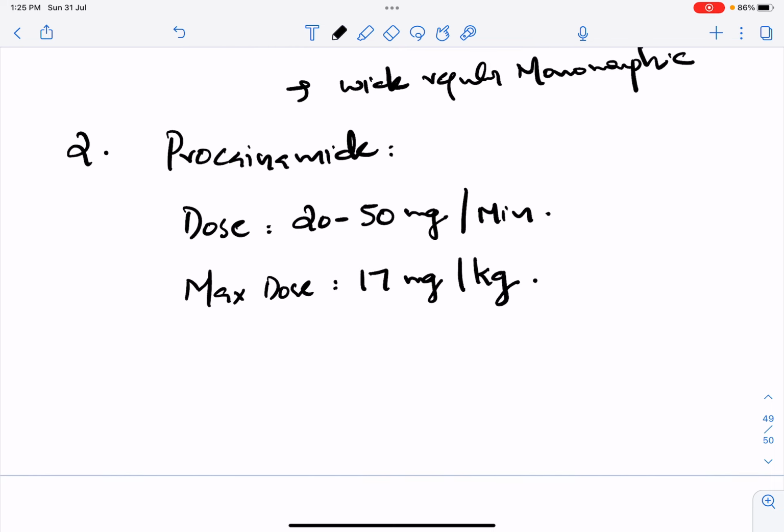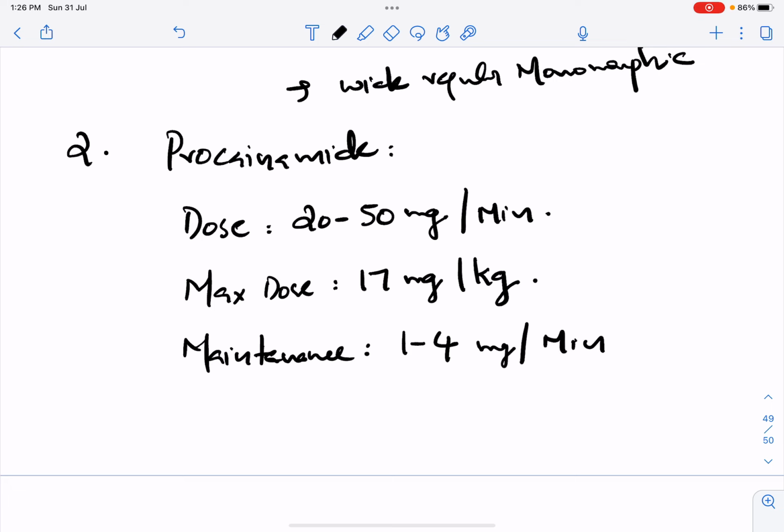Okay, and the maintenance infusion is usually done at 1 to 4 mg per minute. Okay, and the contraindication, the drug should be avoided if there is prolonged QT interval or congestive heart failure.